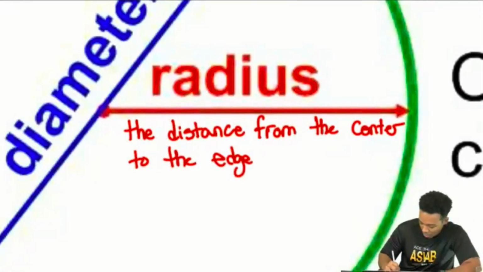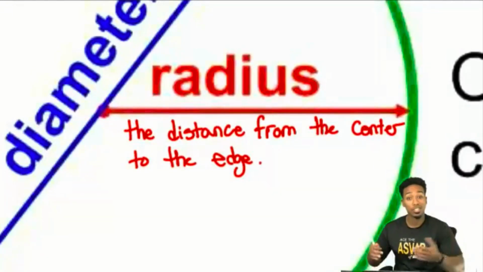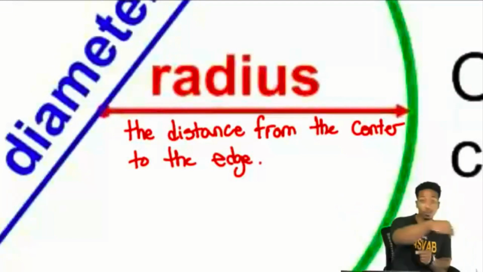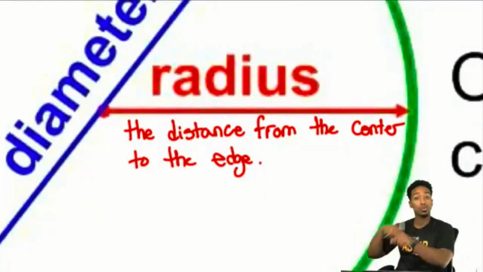And if you're asking which edge, any edge, because if it's a circle, by definition, it's perfectly circular. So it's the same distance no matter which way you go.